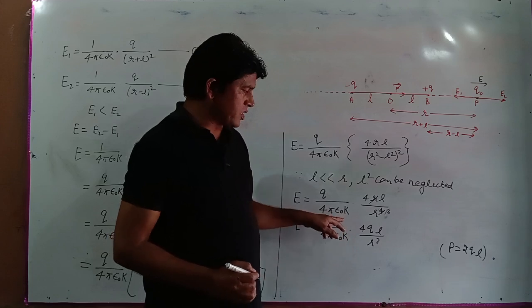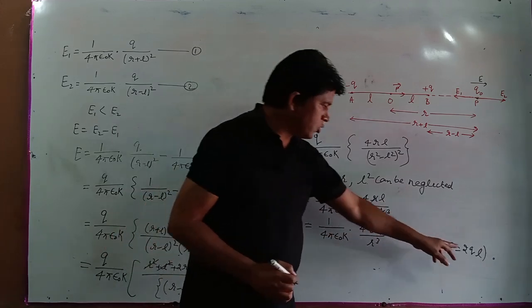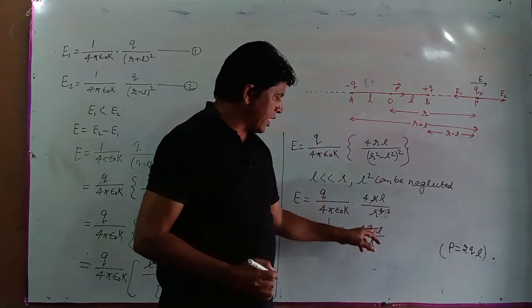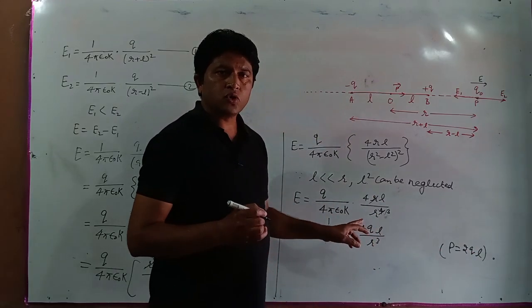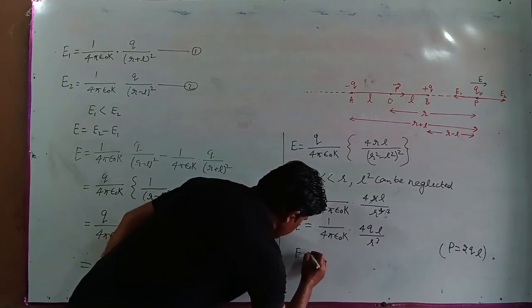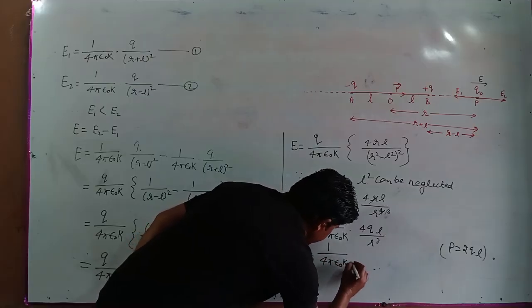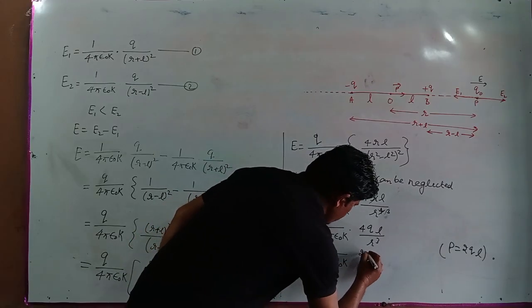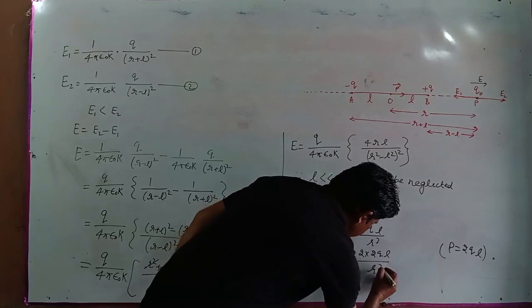Yes, we can establish this because the dipole moment is 2QL. So here L, here Q. So we will factorize 4 as 2 into 2. So E is equal to 1 upon 4 pi epsilon naught K times 2 into 2QL over R cubed.